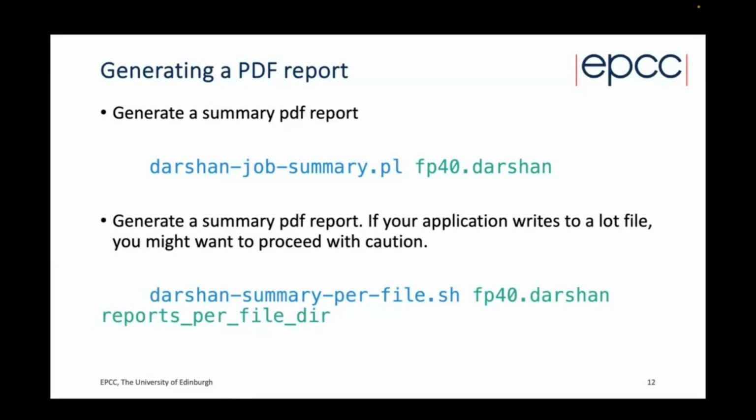You can also generate one report per file, which can be quite useful. But if your application is creating a lot of files, for instance, doing one file per rank, then you might want to be cautious, or you might get submerged by a lot of files.